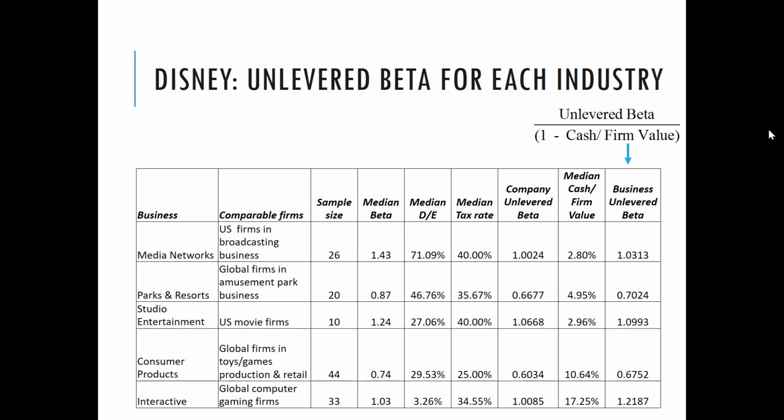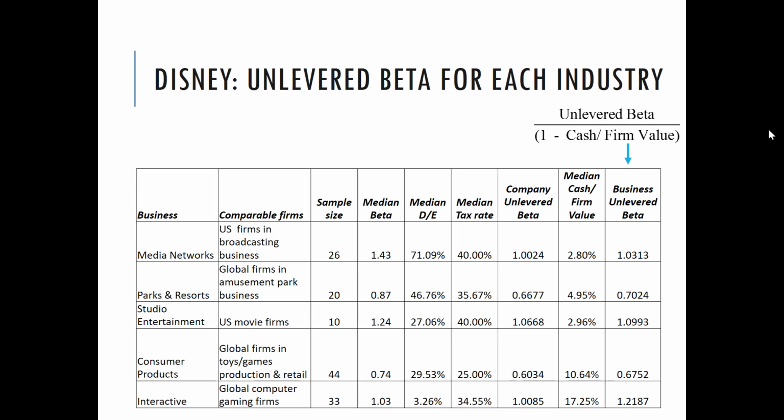What you would do is essentially try to figure out what is a comparable firm beta for each business type. So for example, for studio entertainment, you might find 10 US movie firms. You then look at what is the median beta within this sample of 10 firms. So it might be 1.24.